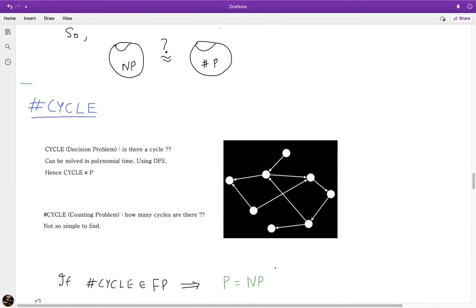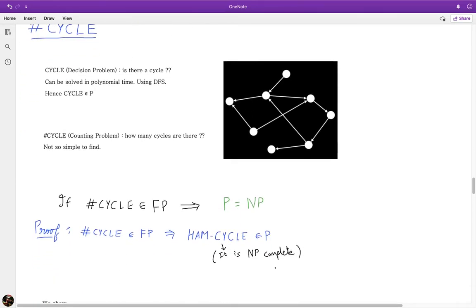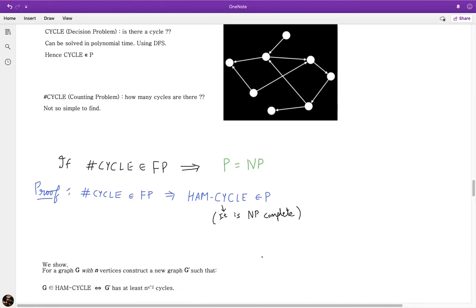And then we looked into the Hashcycle problem, and we proved this implication that if Hashcycle belongs to function polynomial, this would imply that P is equal to NP.